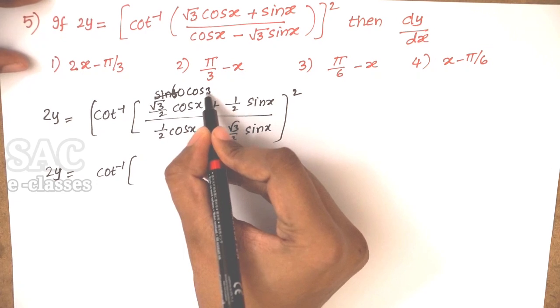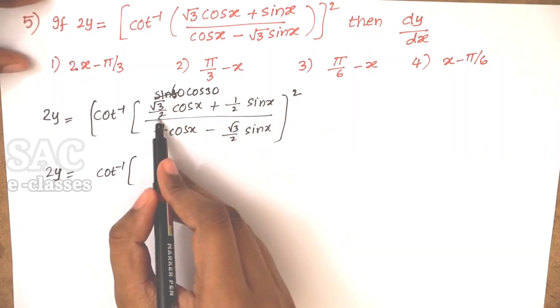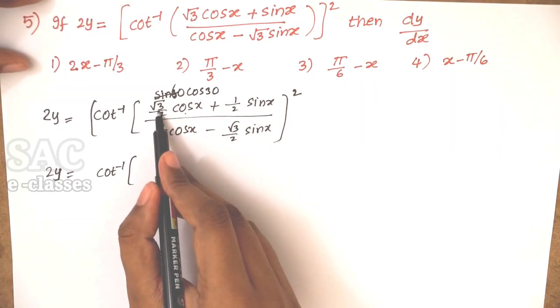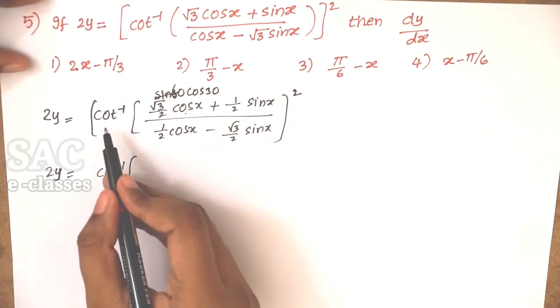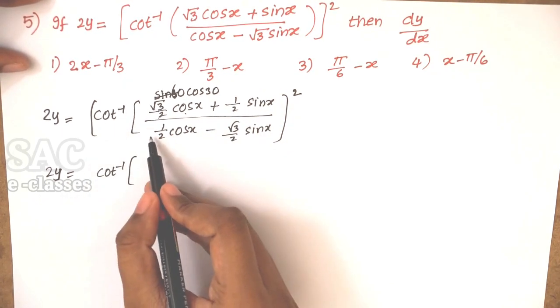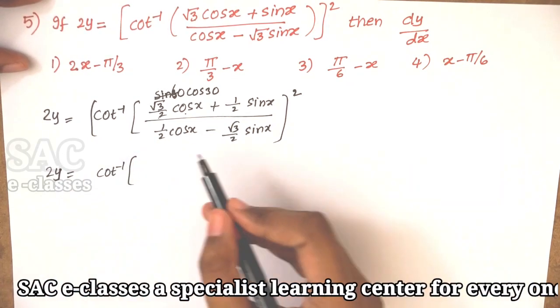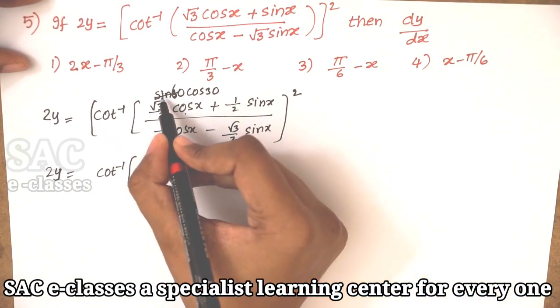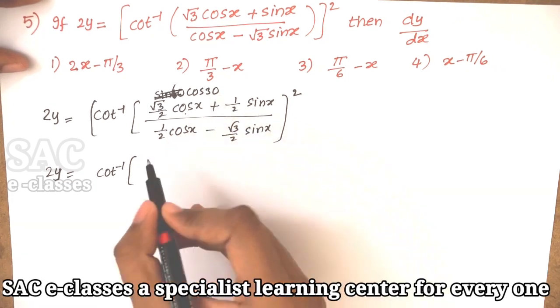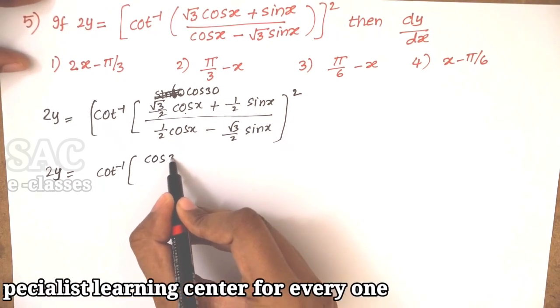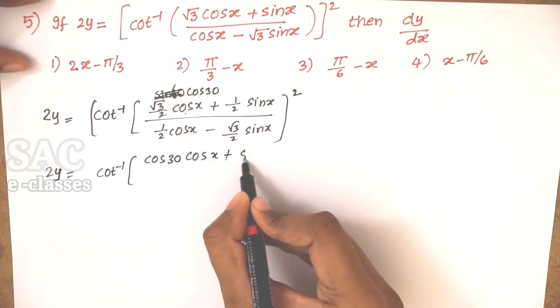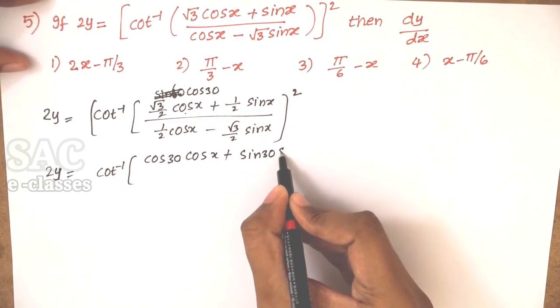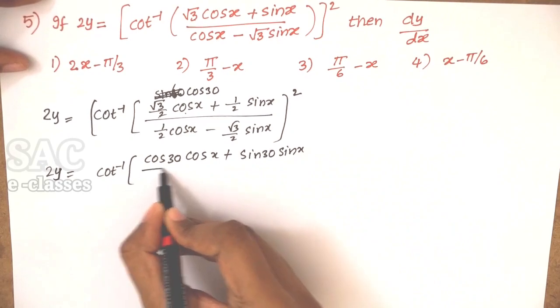If I write sin 60, that means sin A cos B plus cos A sin B will come. But you need it in terms of cot. So which is better? Cos 30 is better. So I am writing root 3 by 2 as cos 30, cos x, sin 30, sin x.